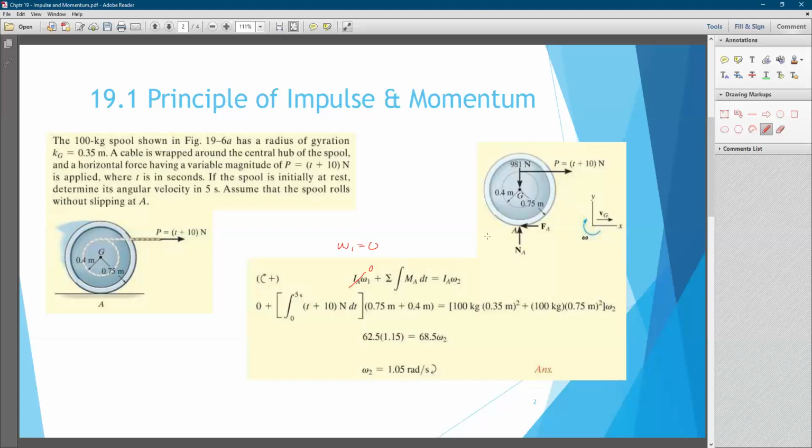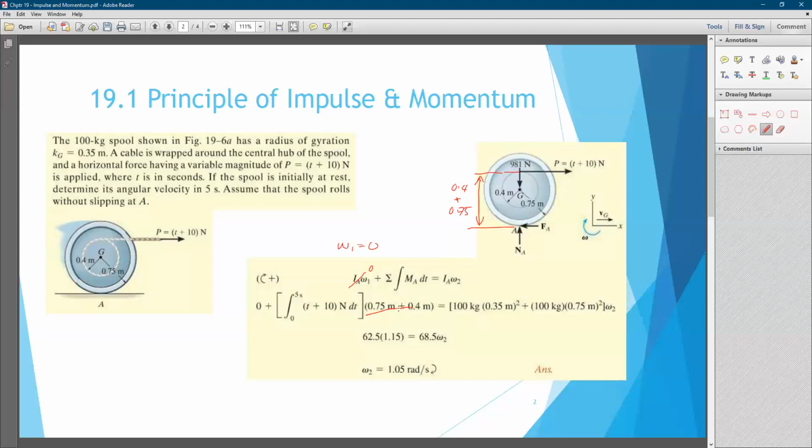Then we know that the distance from this point up until point A here is going to be 0.4 plus 0.75.